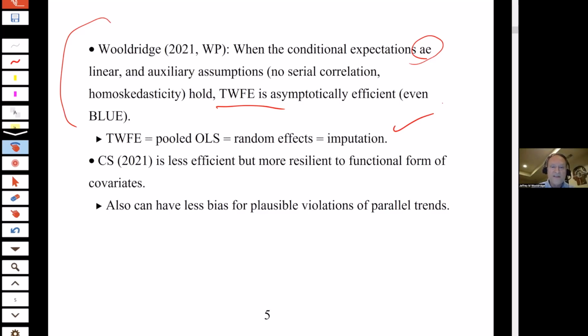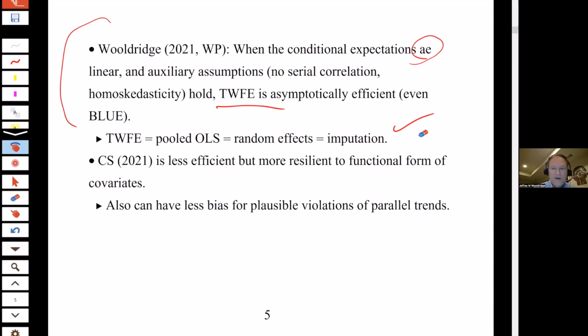So two-way fixed effects is the same as a particular pooled OLS estimator, which is the same thing as the random effects estimator applied to the pooled OLS, which is the same thing as an imputation estimator, which uses only the control observations to impute a value for the potential outcome in the untreated state for the treated units. And then you use that to create average treatment effects. To tell you the truth, I wasn't really expecting this a couple of years ago, but all of these estimators are numerically the same. This isn't approximately or asymptotically equivalent. This is numerically the same.